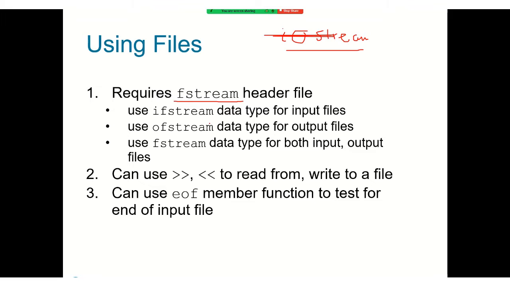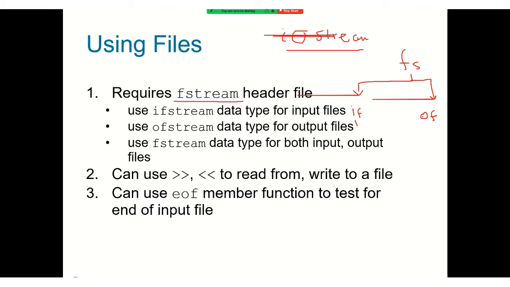Now, fstream has two sections. Number one is ifstream, and number two is ofstream. And as the initial letter suggests, i means input, o means output. So ifstream is for handling the inputs, and ofstream is for outputs. And these are the data types. ifstream and ofstream are the data types.